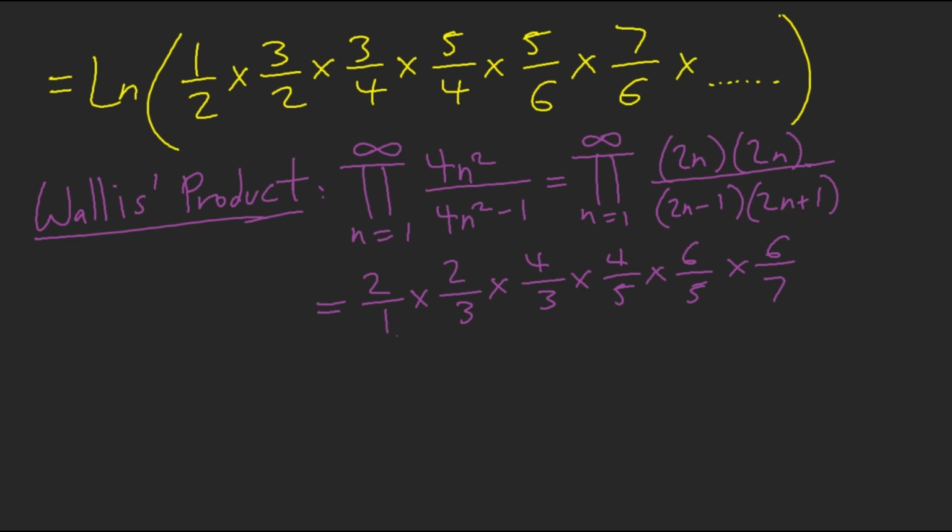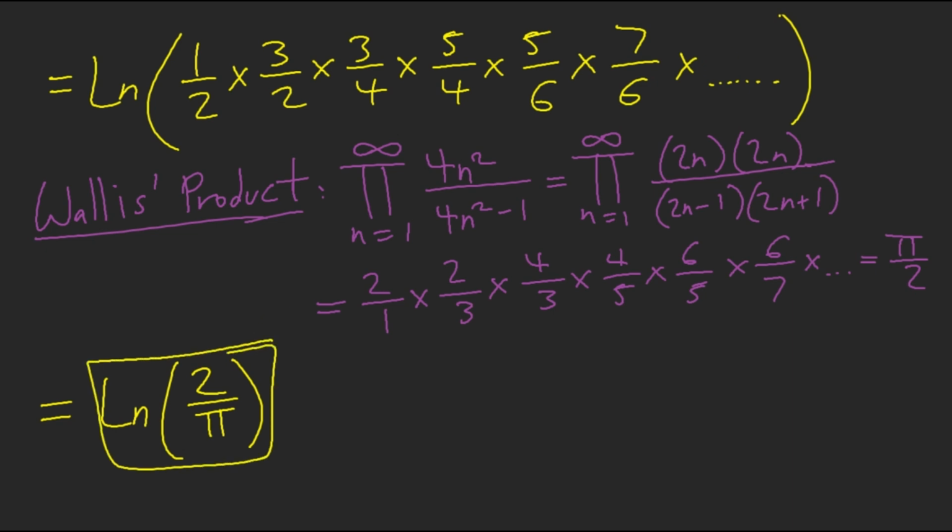Okay, and then it goes like this on forever. This is equal to pi over 2. Okay, this Wallis product identity is equal to pi over 2. Therefore, the integral that we have is equal to ln of 2 over pi, because ours is flipped. Okay, so our answer is ln of 2 over pi.